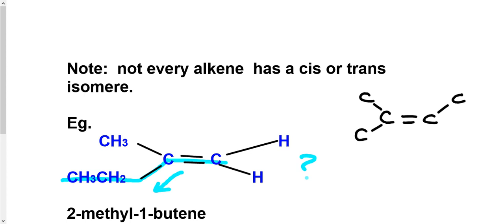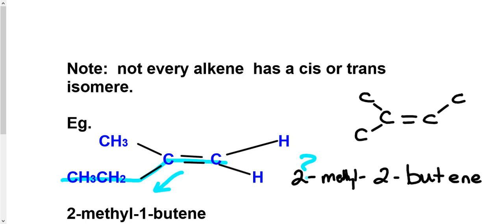I can tell my longest chain has 4 carbons. It is but-ene. There is a double bond between carbons 2 and 3. It is 2-butene. And there is a methyl group also on carbon 2, 2-methyl. Squeeze that in there. But is it cis or trans?